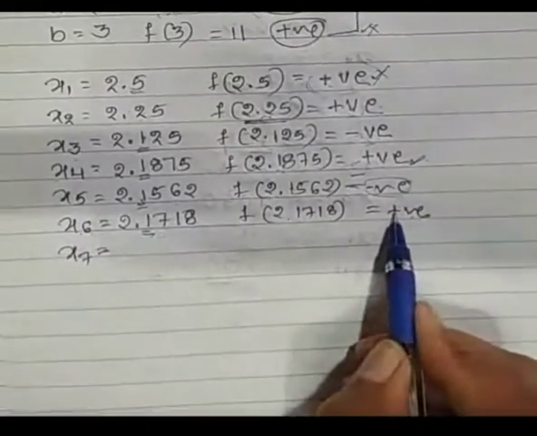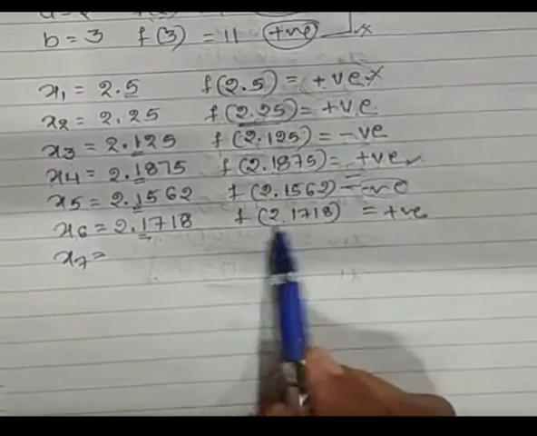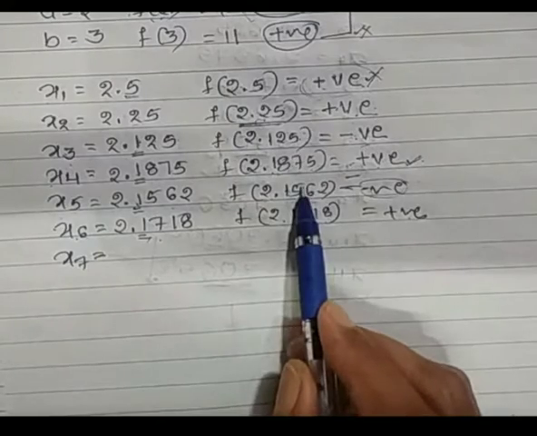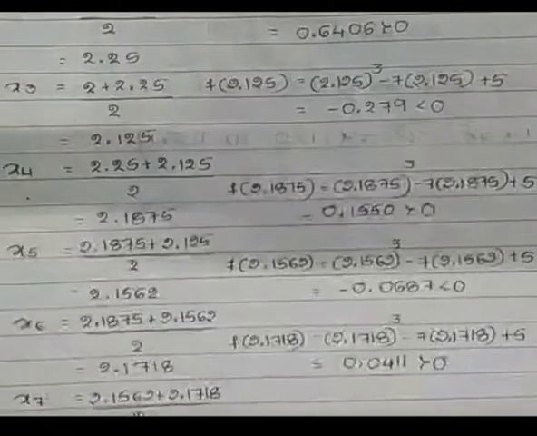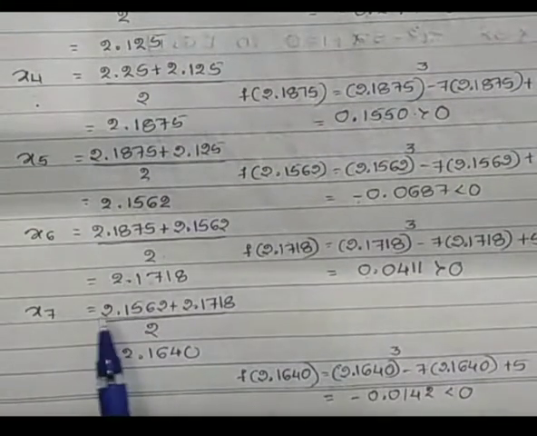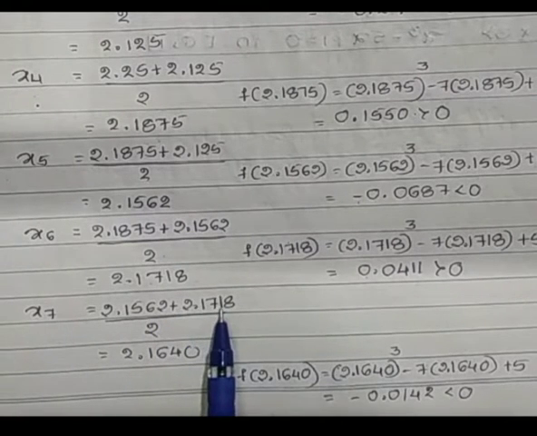Here it is positive. So to calculate x7, consider 2.1718. Add it with the previous value 2.1562 and calculate x7. So here x7 is 2.1562 plus 2.1718.